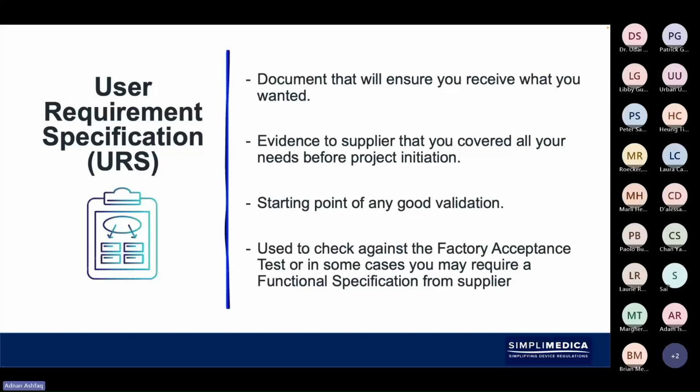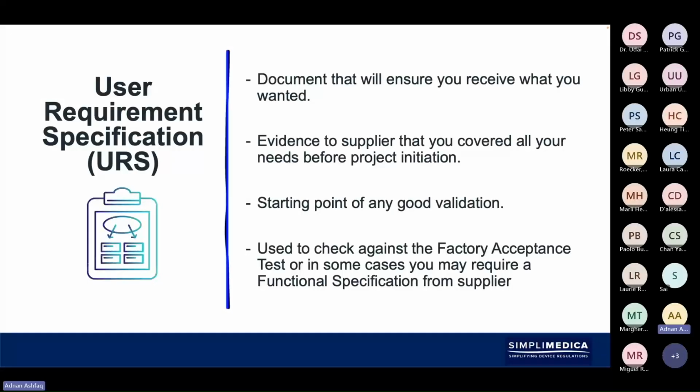Whether that's a piece of equipment, a process, or a system, it can be anything within the site. You've got to go through these qualification stages, which we will be talking about over the next 40 minutes or so. But the user requirement specification is the starting point for your project initiation.